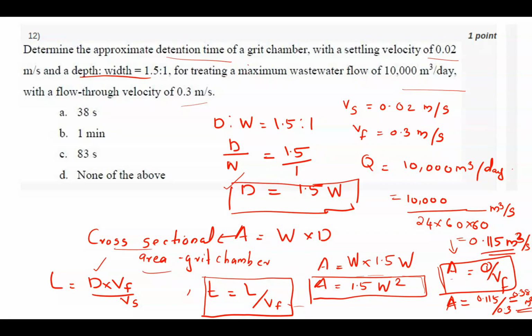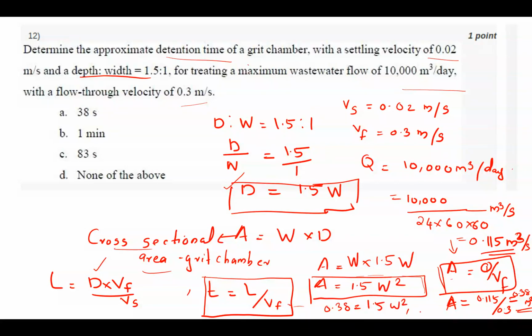Any doubt in this? So this particular area 0.38 you have to put here: 0.38 equal to 1.5 W squared.